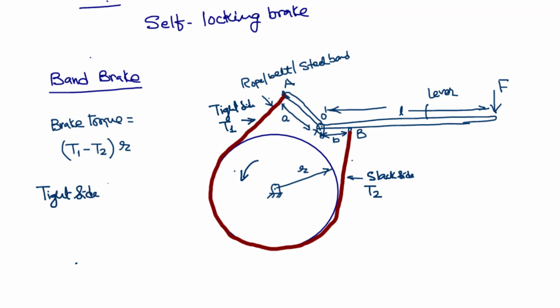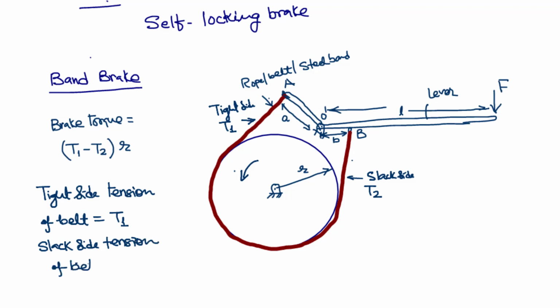The ratio of tight and slack side tensions: the tight side tension of the belt or rope is T1, and the slack side tension of the belt is T2.